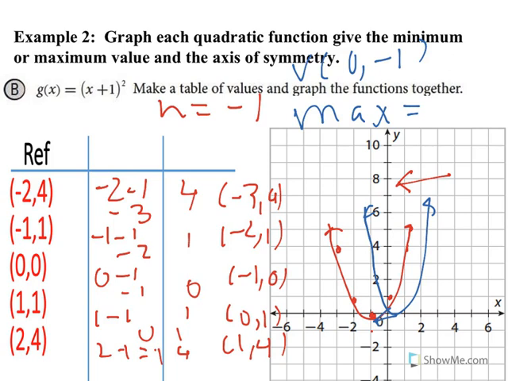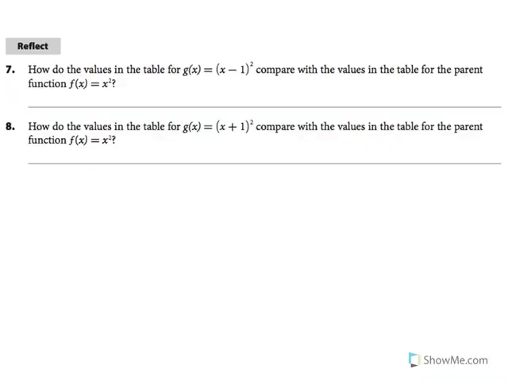Oops, my mistake. Let me erase that. So the vertex is negative 1, 0. So minimum y equal to 0, and the axis of symmetry x equal to negative 1. Okay, let's go on to our next one.